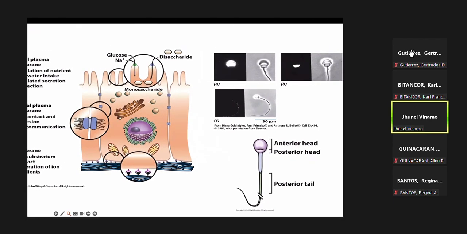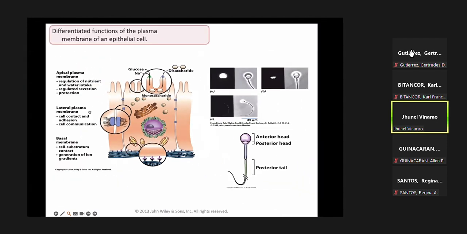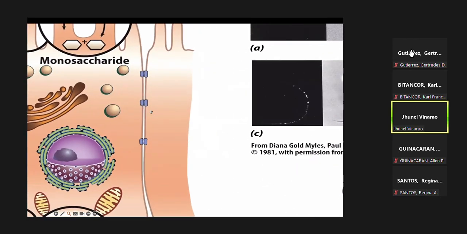So from the intestine, papasok na yan sa blood vessels, specifically sa mga capillaries. Okay? So iba yung protein na makikita sa apical, sa basal, and sa lateral regions. Okay? So the one that is found here naman, dito na papasok yung mga tight junctions. Ayan, itong mga tight junctions na to.